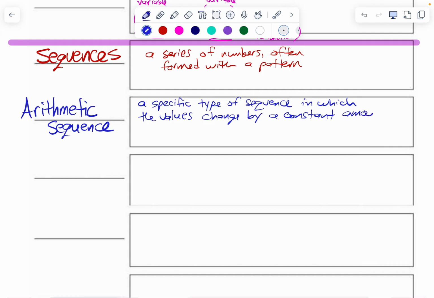If something's changing by a constant amount, it sounds strangely like a linear function. Okay. That constant amount has a name, and in this case it's called the constant difference.